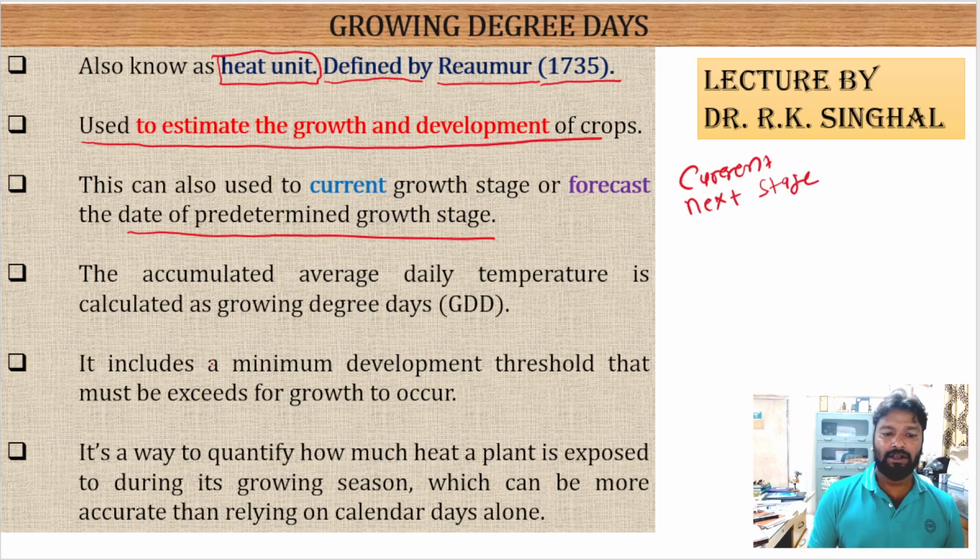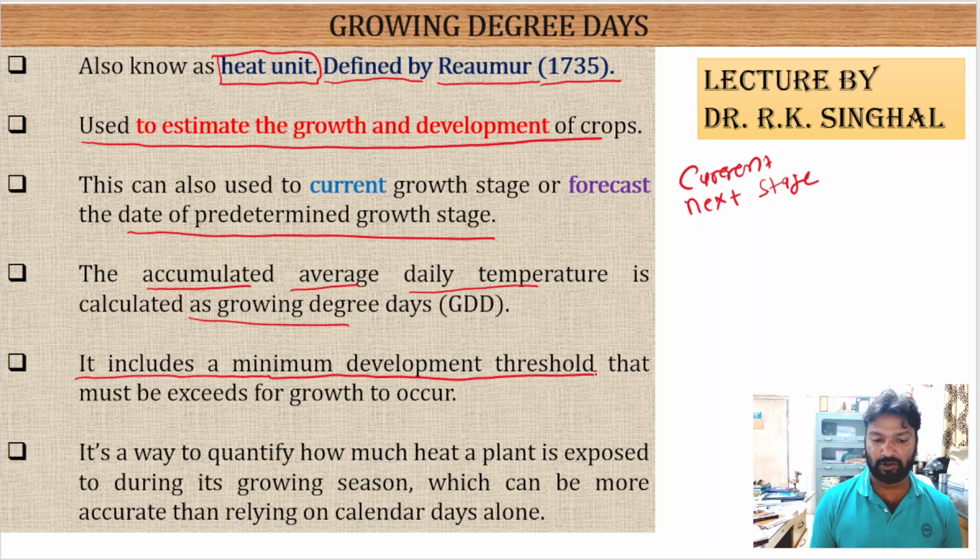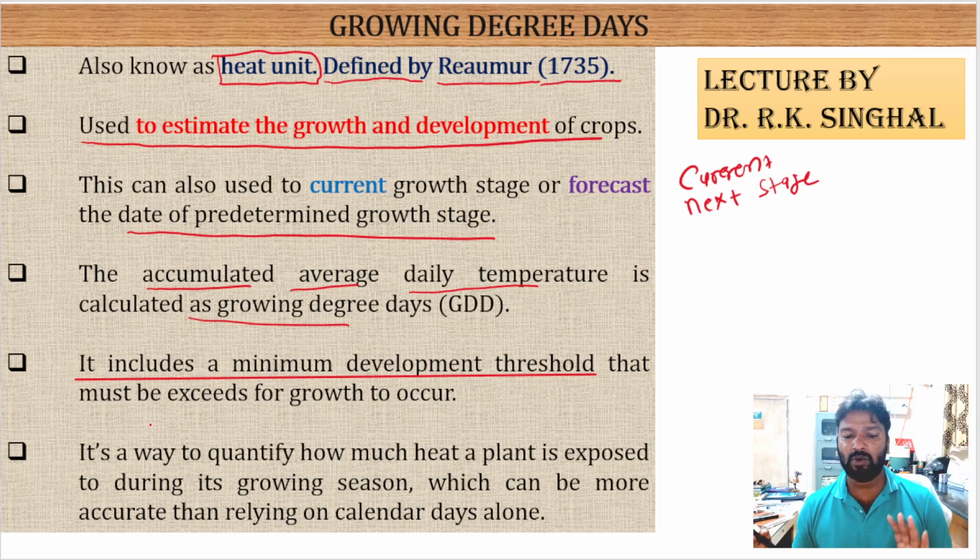Growing degree days are the accumulated average daily temperature. They include a minimum development threshold that must be exceeded for growth to occur.